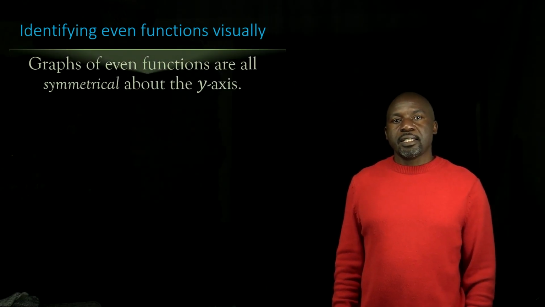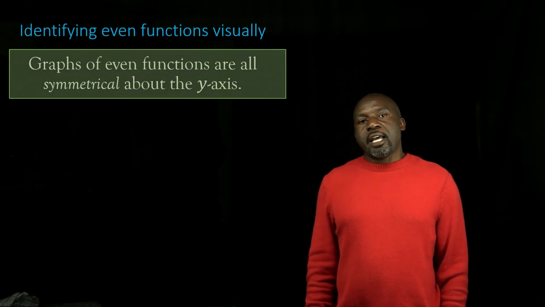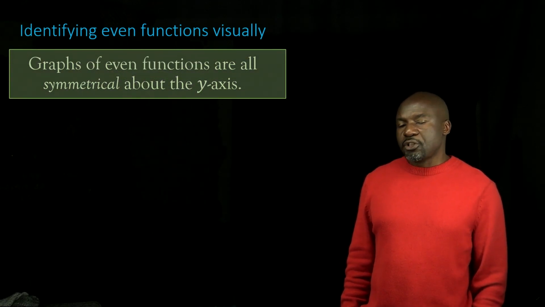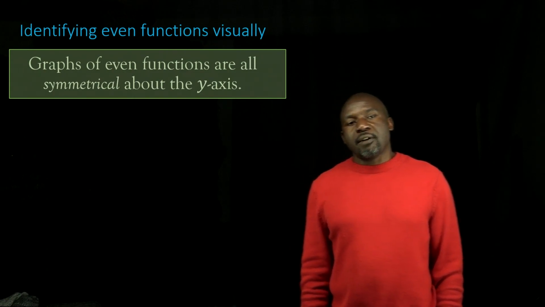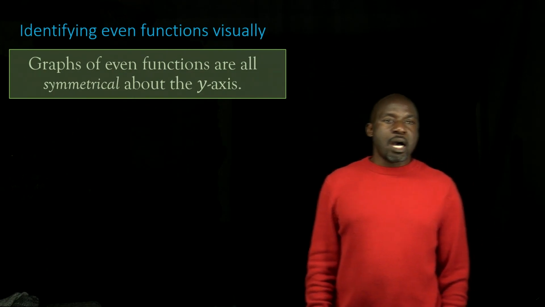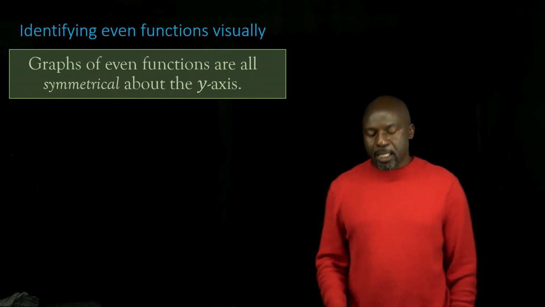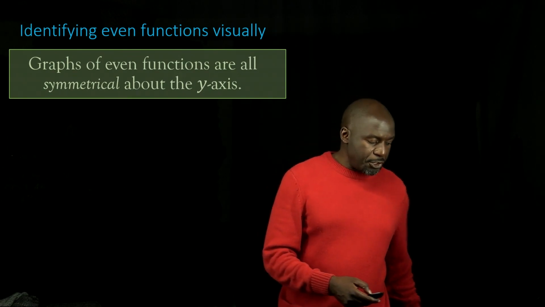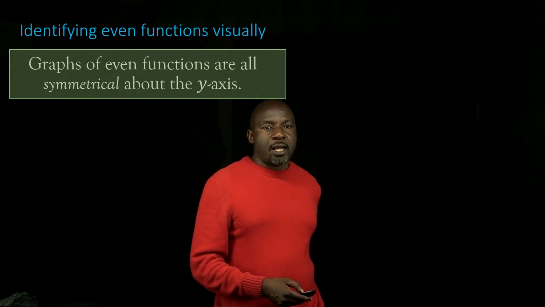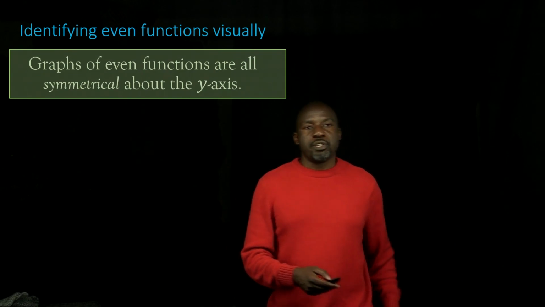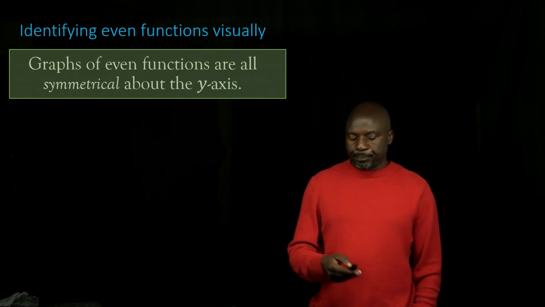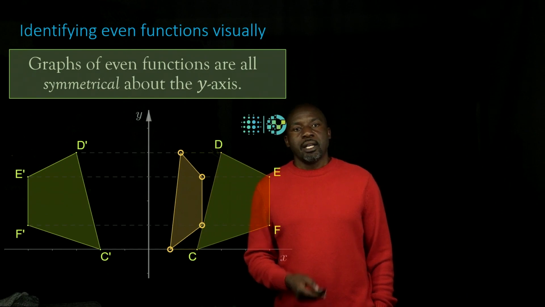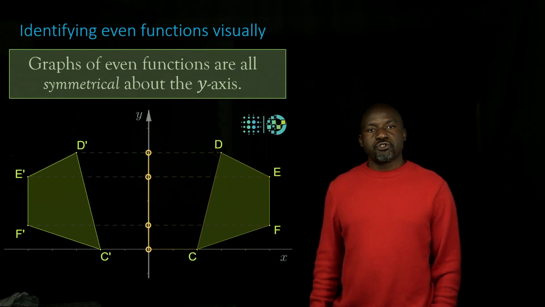And the reason is that if a function is even, then its graph is always going to be symmetrical about the y-axis, okay? Here is what I'm trying to demonstrate.